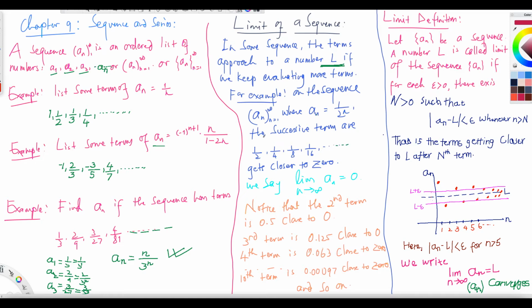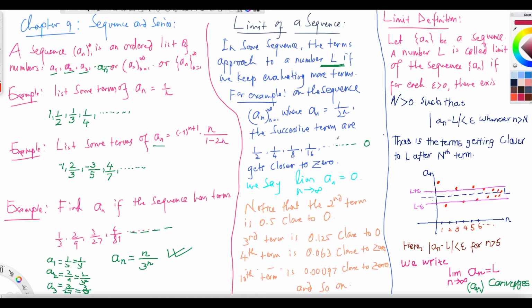You see that? 1/2 is 0.5. This is 0.25. This is 0.125. This is 0.0625, and so on. You see that? These terms are heading towards 0. If you keep finding more and more terms, you will see them getting closer and closer to 0.